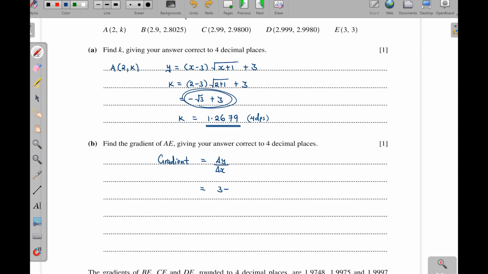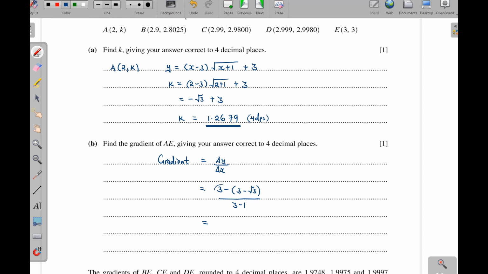I'm going to use this one, not this one that is rounded off. Let me use the exact value. So minus, this is 3 minus root of 3. That is our k. Then we divide by the change in x, so that is 3 minus 2, which is a 1, not so?